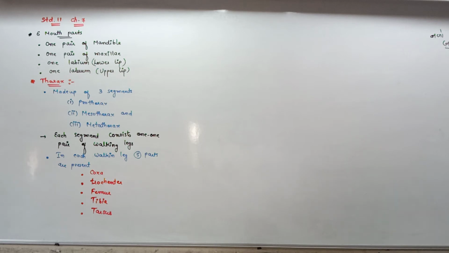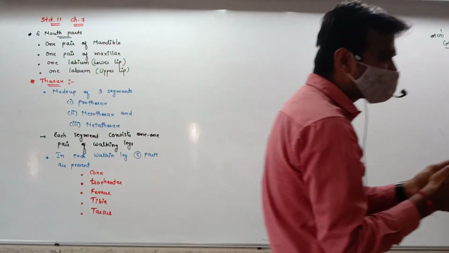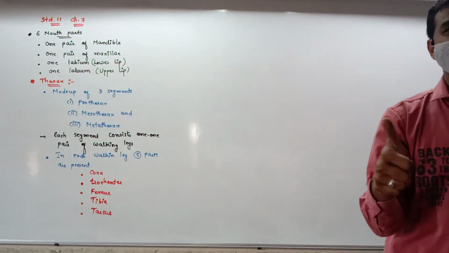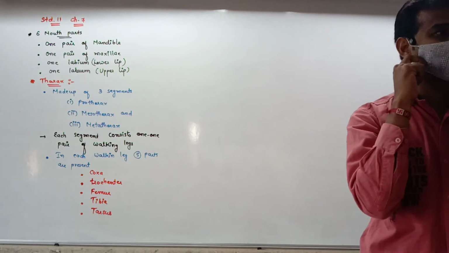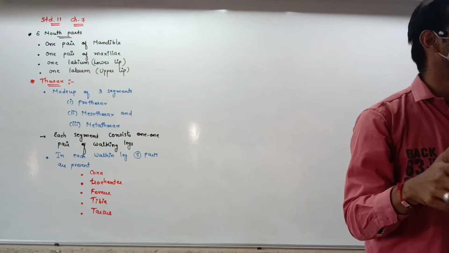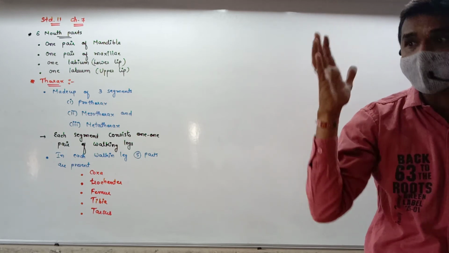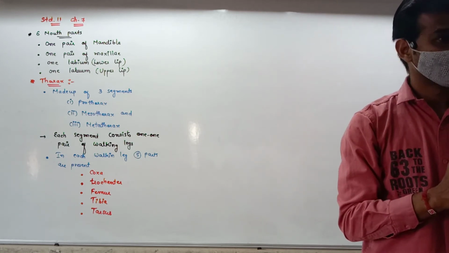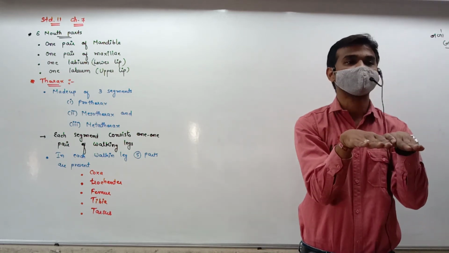Prothorax, no wings on the dorsal side. On the ventral side, only one pair of walking legs. Mesothorax, one pair of forewings. And these forewings are opaque and a little bit brownish in color. And at a resting stage, it covers the hind wings.